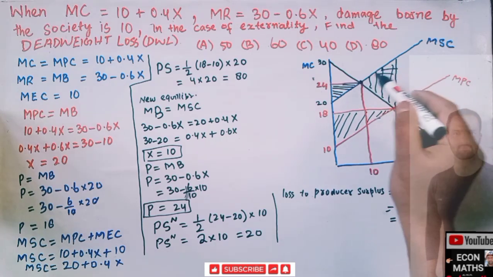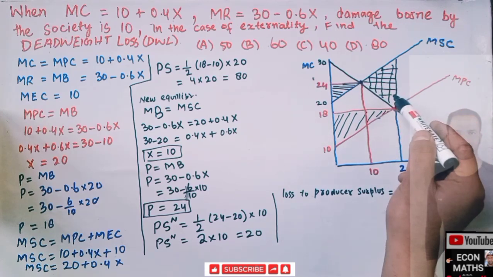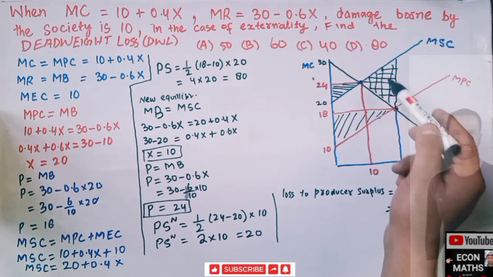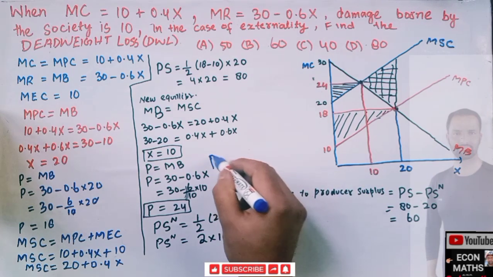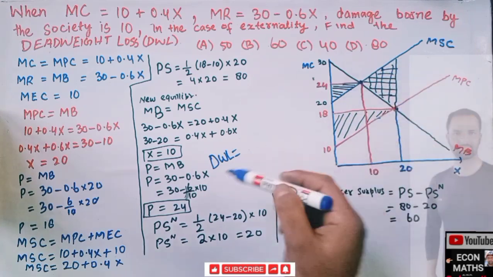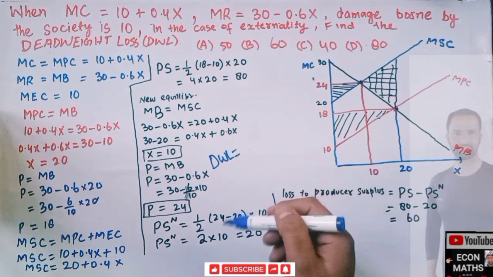What will be the deadweight loss in this case? It will be equal to the area of this triangle. In the earlier video I told you how to calculate this, so I hope you will see that video in the info button of this video also.